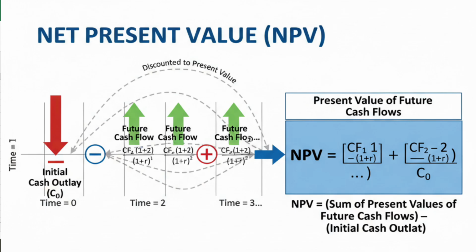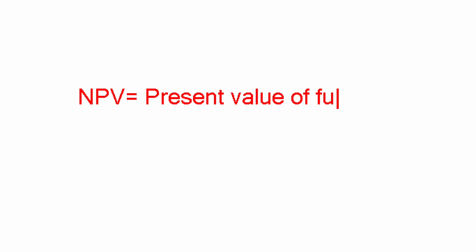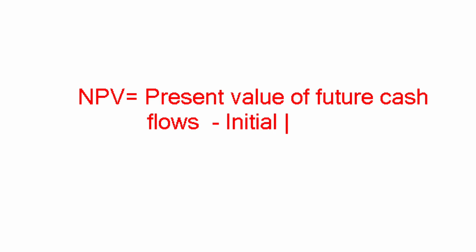So, we can say that net present value is equal to present value of future cash flows minus the initial investment which we are making at the start of any project.